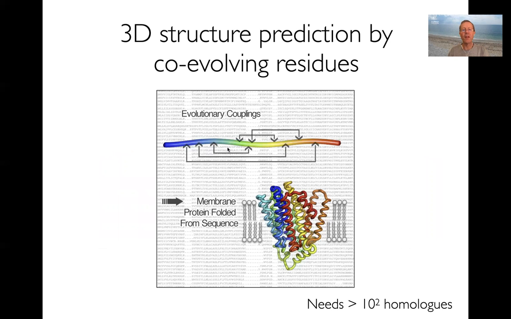And the basic idea that seems to have worked here is to exploit what's called co-evolving residues or correlated mutations in these big multiple sequence alignments.